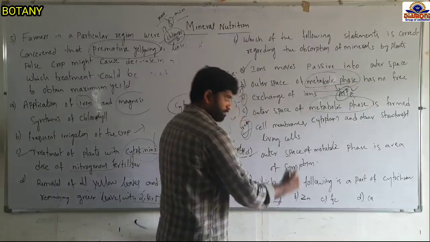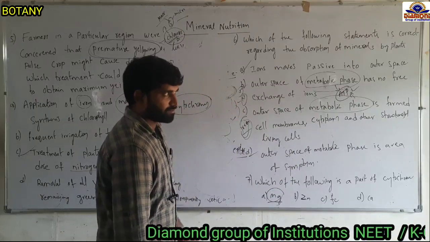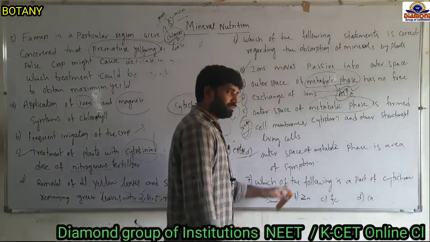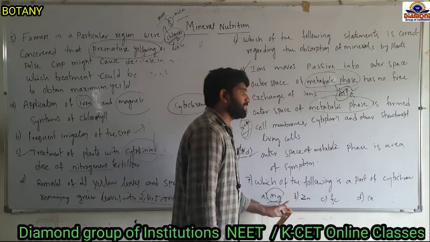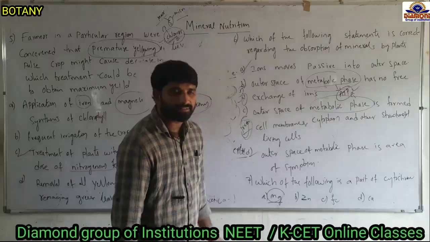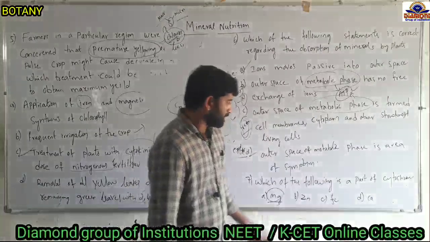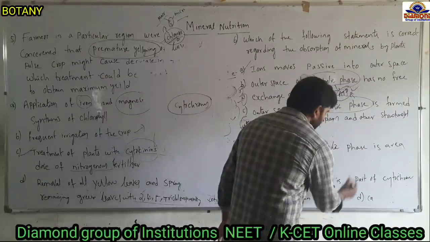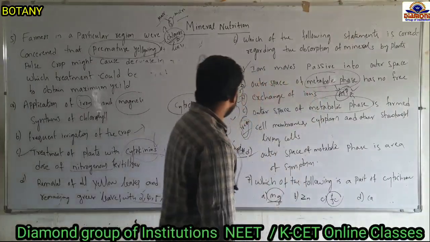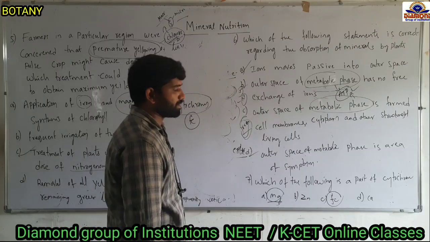Options are: option A, magnesium. Magnesium is used for the synthesis of chlorophyll pigment, because chlorophyll pigments are made up of a single magnesium element at the center. And zinc is used for the activation of enzymes, like alcohol dehydrogenase. And iron: the cytochromes are made up of the presence of iron molecules.